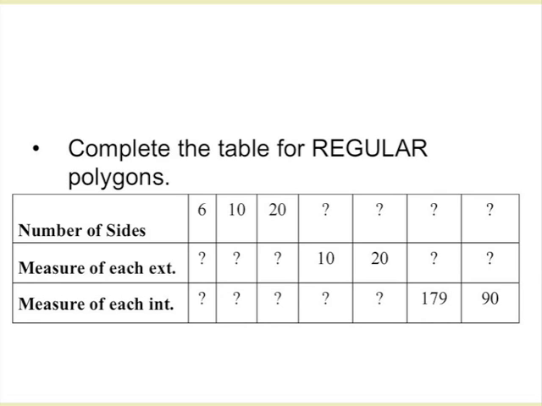So the total exterior should be 360. So if there are 6 sides, there are also 6 angles. So how much will each of the outside angles be? 60. 360 for the whole thing, divided up by 6, since there's 6 of them.